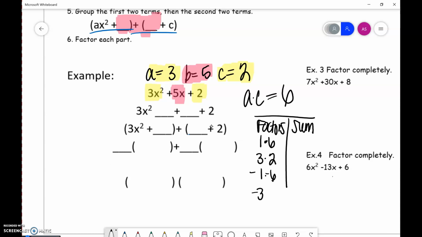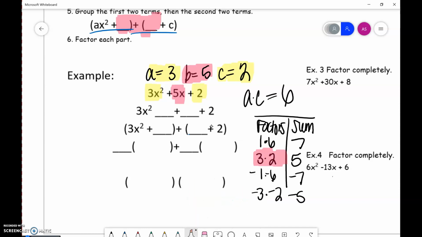So I'm going to just go ahead and list those as well. Okay, so I'm going to add these up. So I have 6 plus 1, that'll give us 7. I'll have 3 plus 2, that'll give me 5. So here's the 5 that I'm looking for, so I don't have to keep going, but I could if I wanted to. This will give me -7, and this will give me -5.